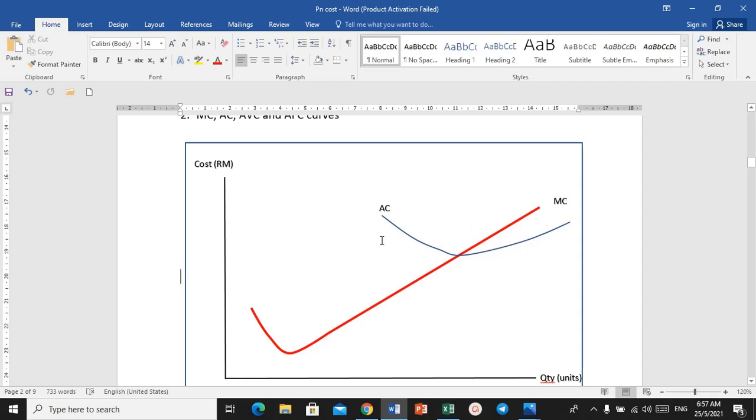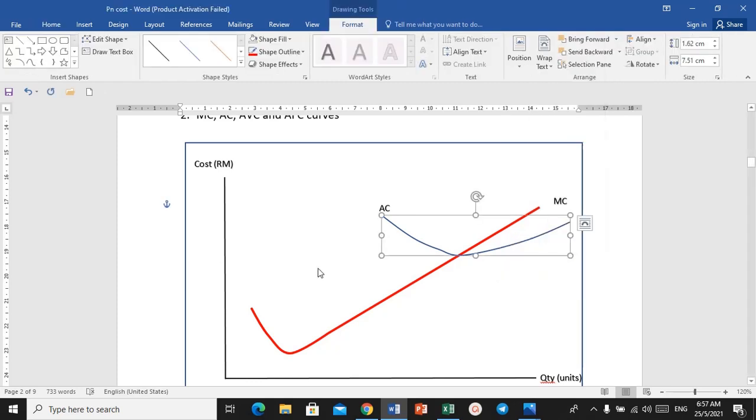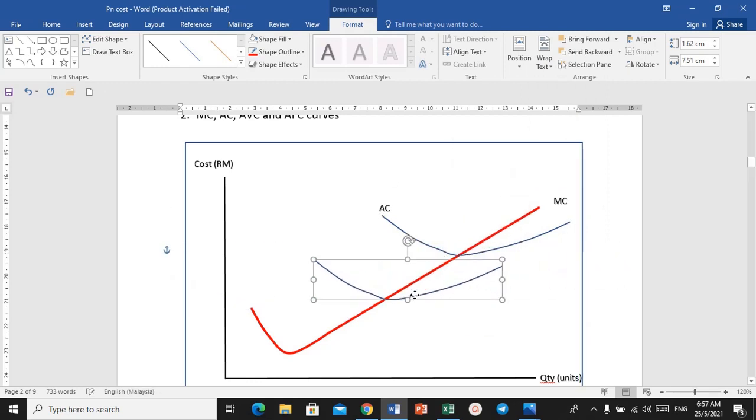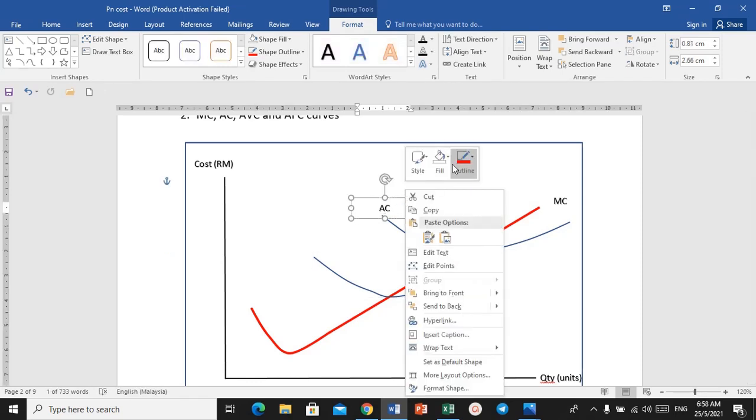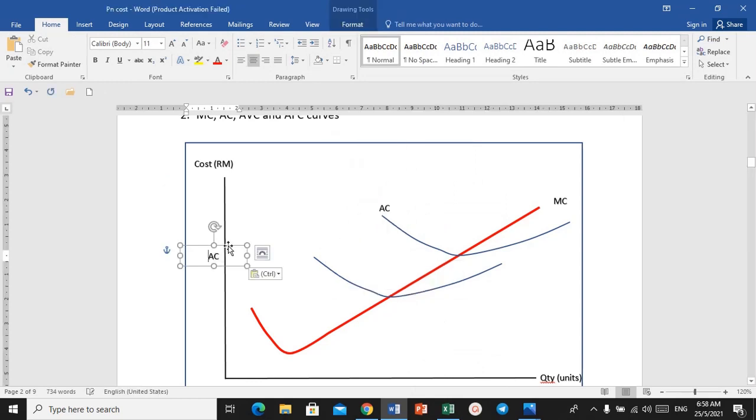Next, we are going to draw the third curve, which is average variable cost. I'm going to copy the AC curve here. The average variable cost should be located below the average cost curve. Don't forget to label your curve.